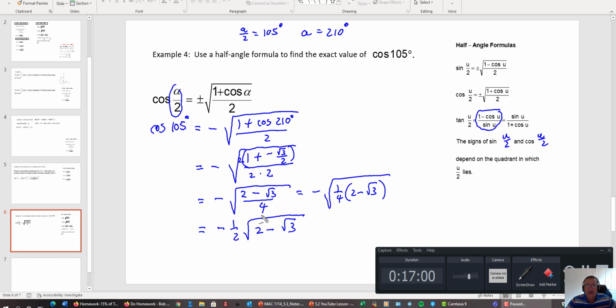Now, how could you check this? If you put this in your calculator, the cosine of 105 degrees, the newer calculators will give you this. So that's great, but again, you have to show your work when it gets down to it. And plus, you guys need the algebra practice. Calculus, when you get there, is a lot of algebra, so you have to make sure your algebra is solid.